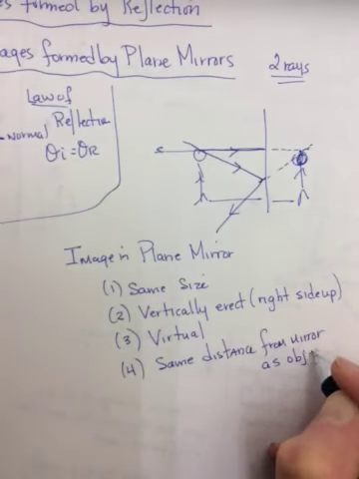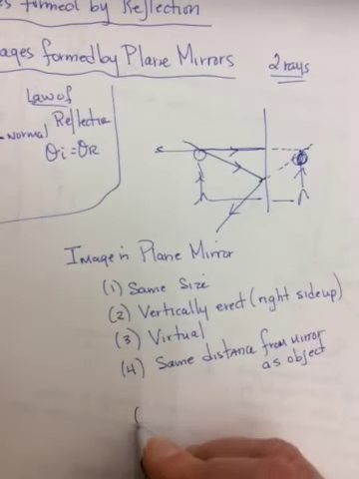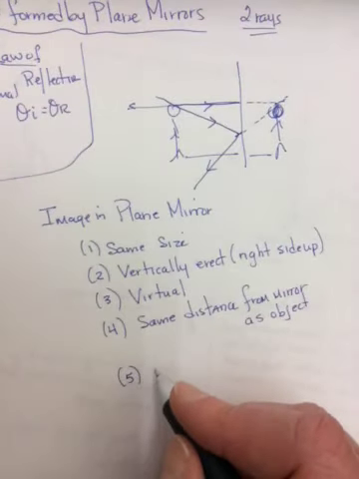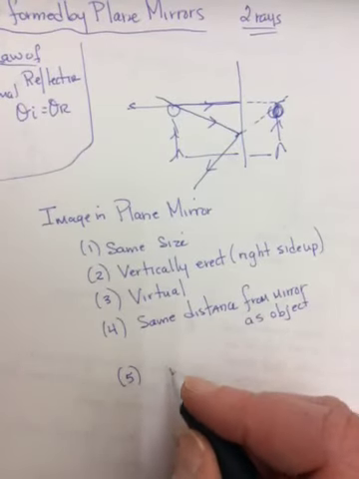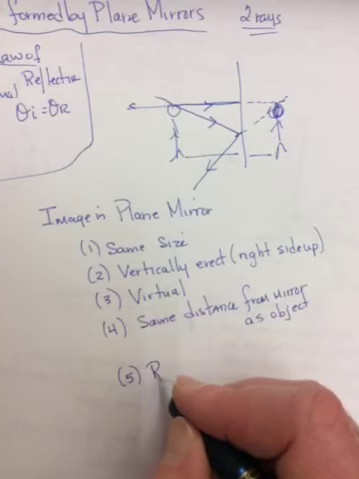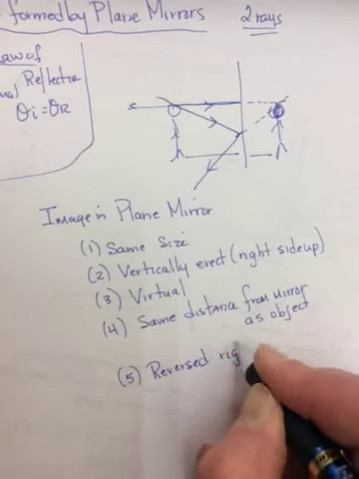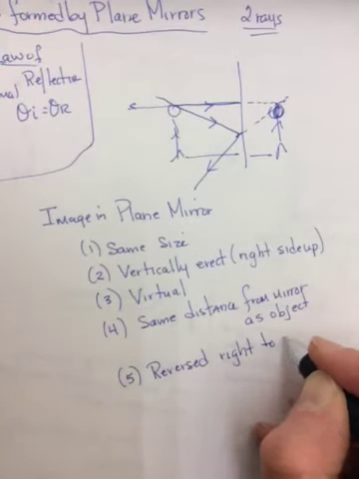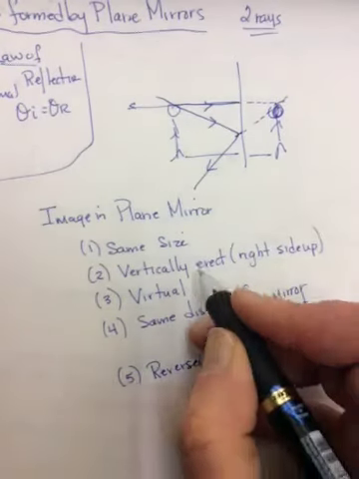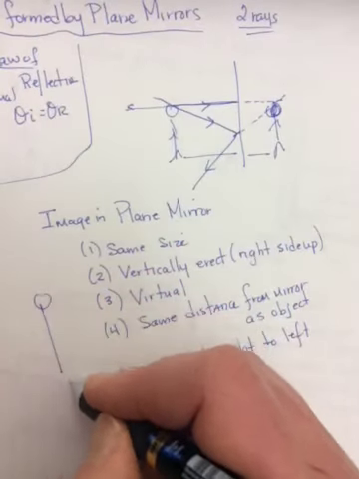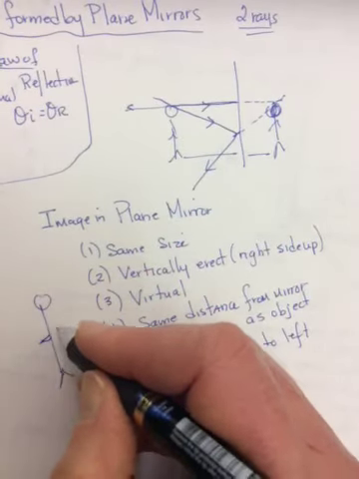And the last characteristic, which I'm trusting that you noticed, is that if you wave with your right hand in a mirror, the image waves back with their left. So we say it's reversed right to left. That's why I said vertically erect: this way it's right side up, but your right hand becomes your left hand.